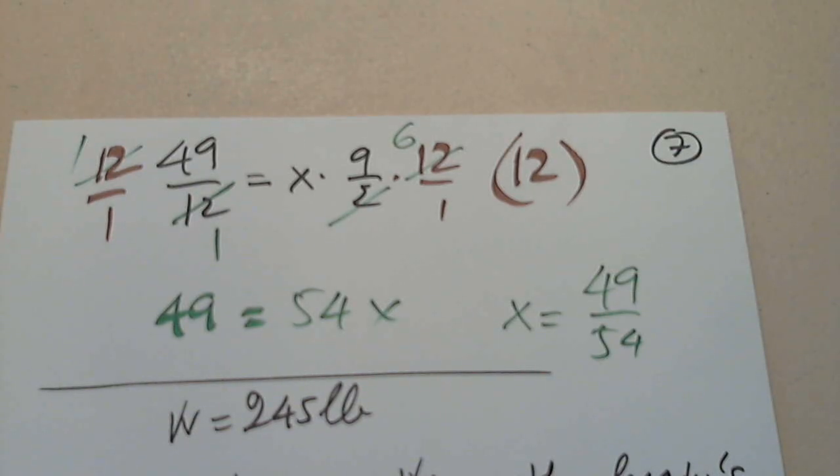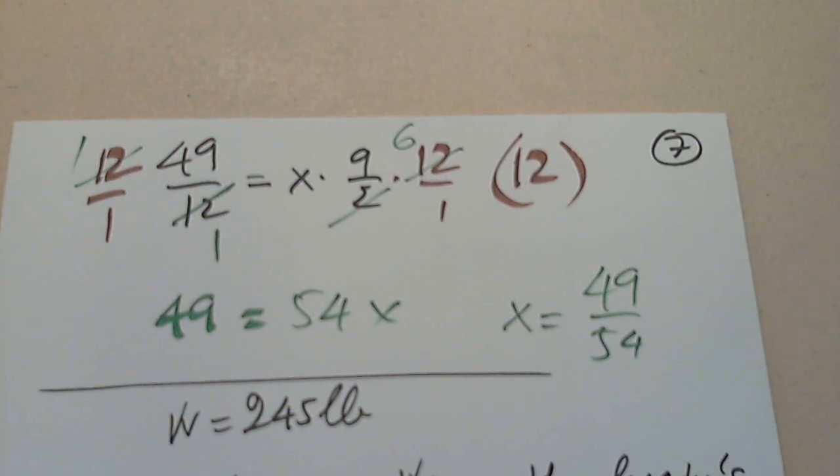It was determined experimentally that roughly 2.5% of everybody's body weight is the weight of their brain. How much is the weight of the brain of a person that weighs 245?